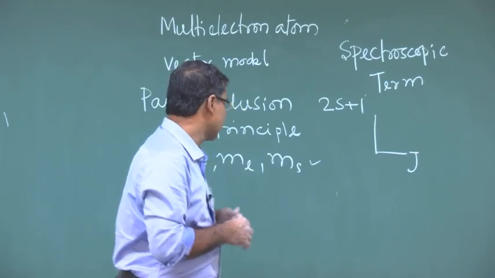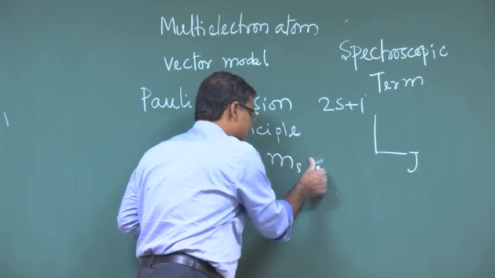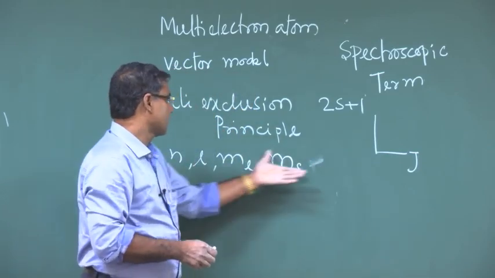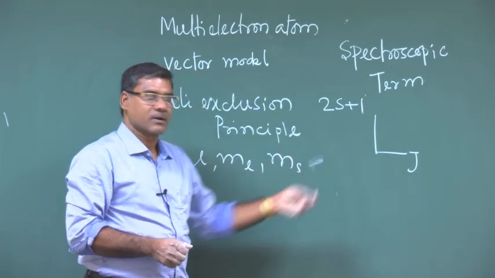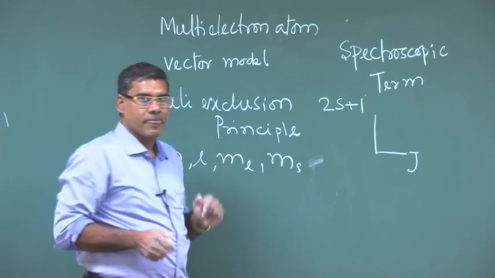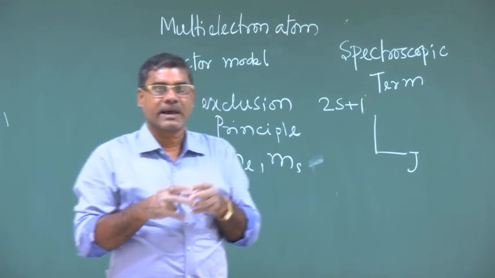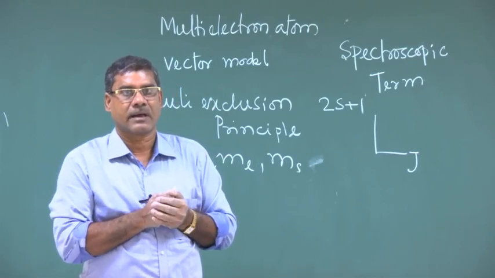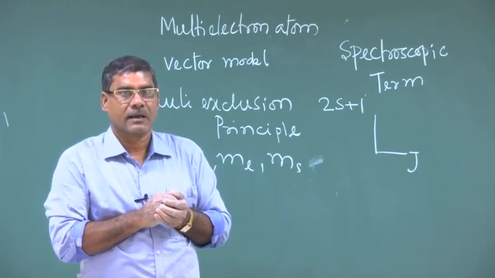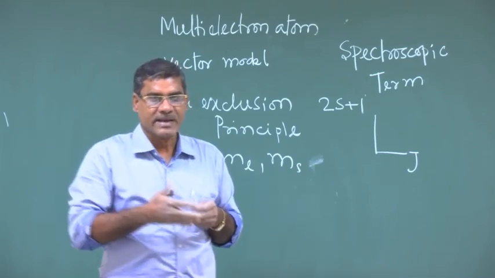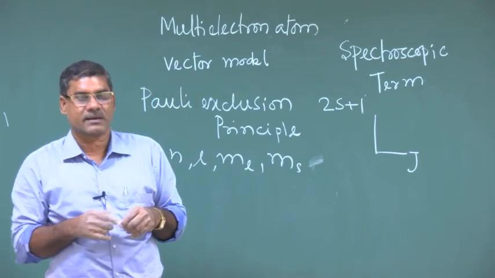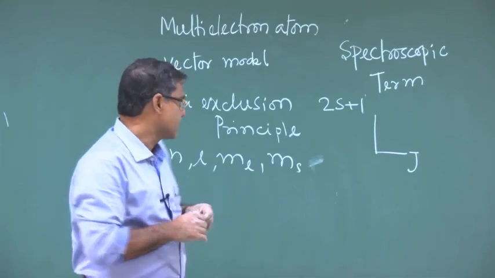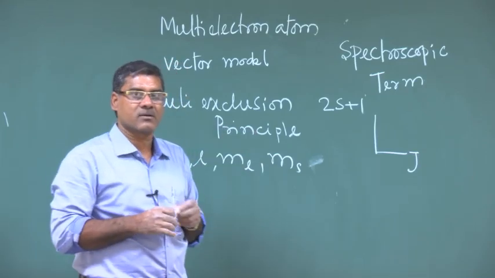So, let us consider the one we are familiar with. Considering this, electrons can be distributed in the atoms. And how are they distributed? The periodic table is built based on this distribution of electrons in atoms.